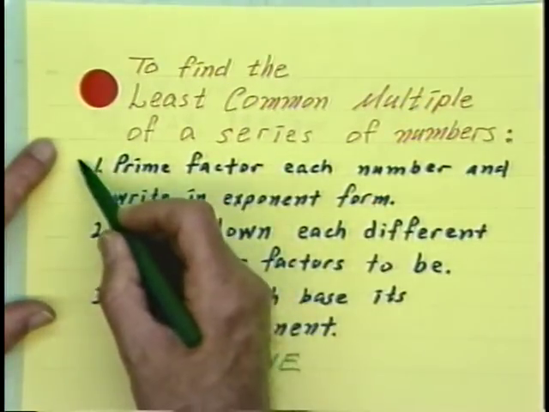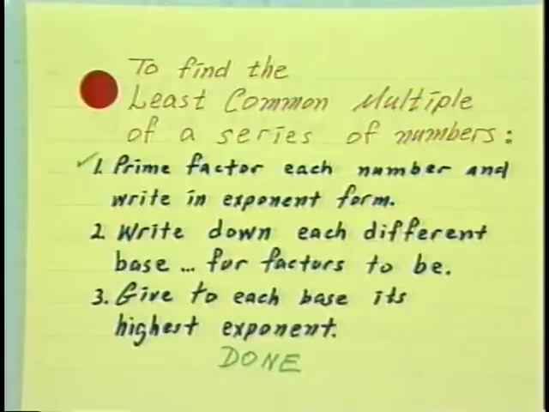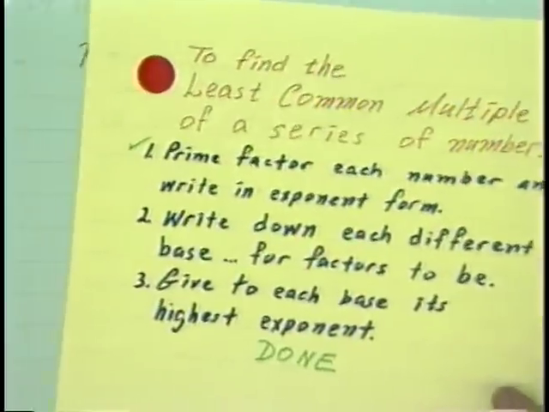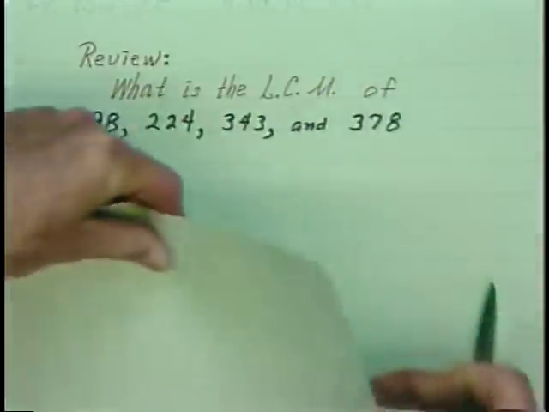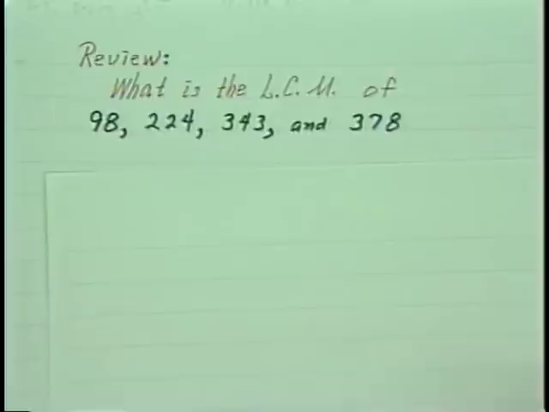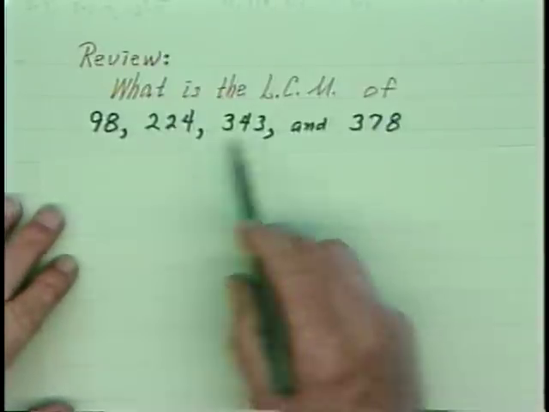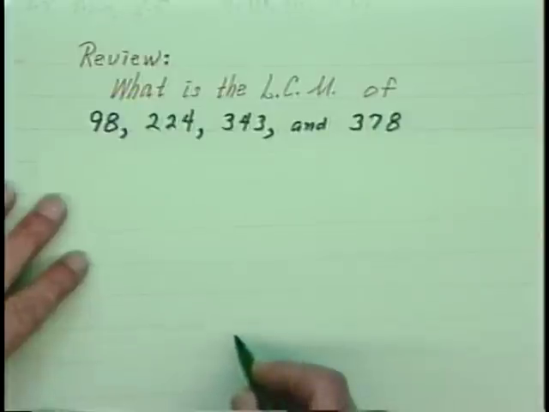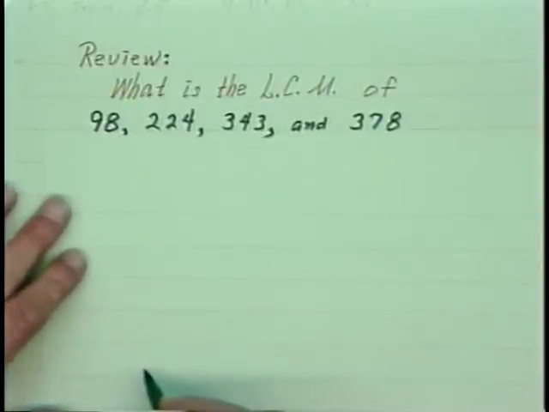First, we want to prime factor each number and write in exponent form. Using some scratch paper here, let's prime factor together, let's say the messiest one here, just to remind ourselves how it's done.